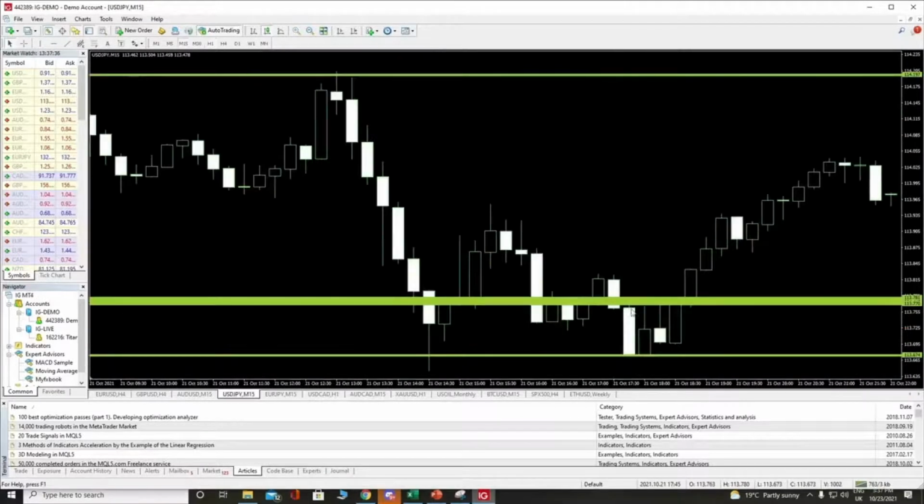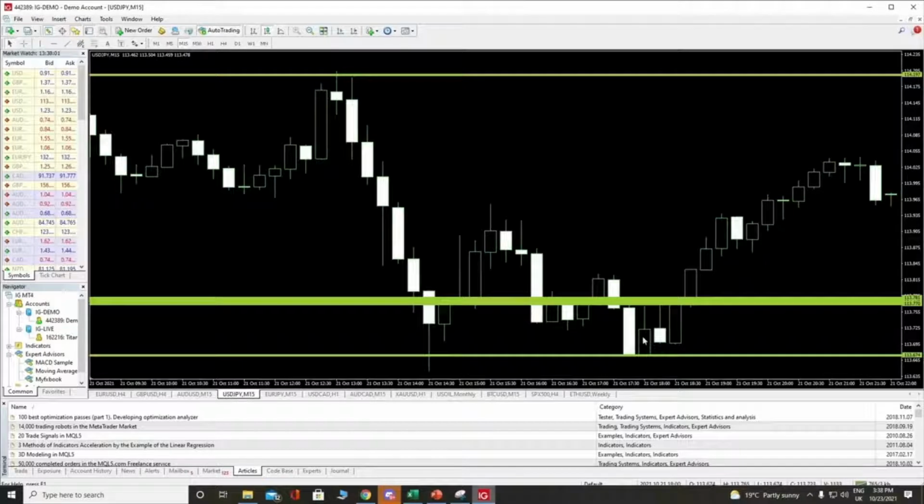We have the Tweezer Bottom. It's another candlestick formation. It consists of two candlesticks. Now the trend was to the downside, and what happened is that we have an engulfing candle here, and the prices were heating up. They didn't pass the previous top, but also they didn't go lower than the previous one.